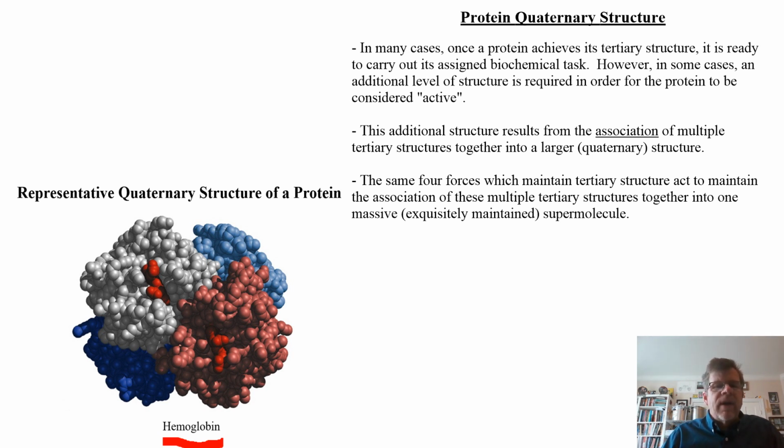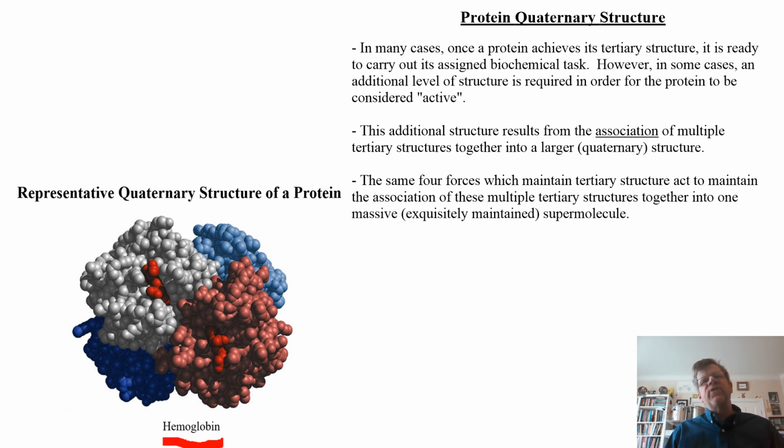In this drawing right here, we have 4 different colors of hemoglobin tertiary structure, and they are now associating together. When they do, they are considered in their active form, and they can do what one tertiary structure of hemoglobin could not do. It has to have 4 of them together in order to carry out its assigned function.